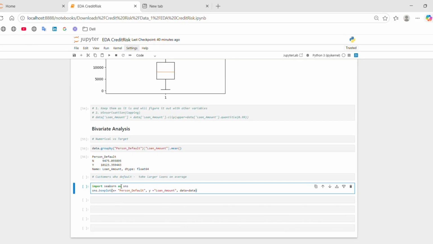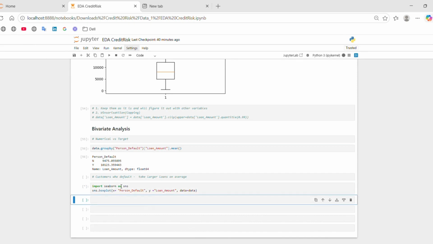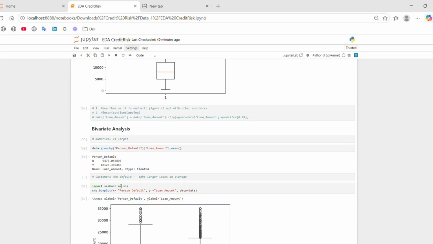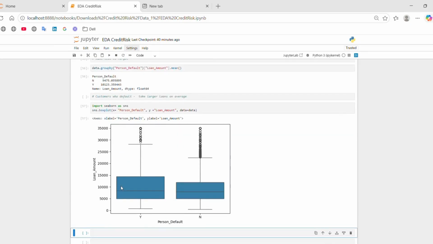You can take the syntax from the code. Let's see if the graph comes up. Okay, so for the persons who have defaulted and who have not defaulted, we are observing the relationship with the loan amount. Like we said, the persons who have defaulted have high exposure to loan amount, right?